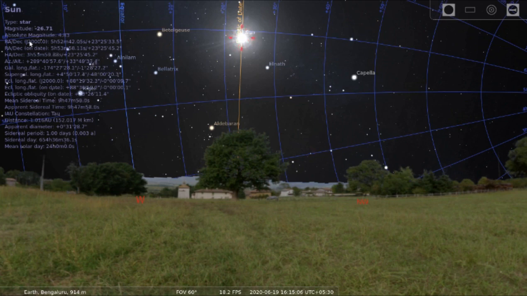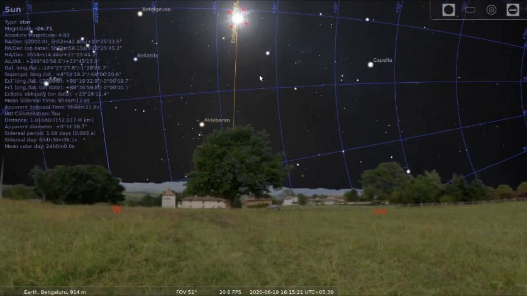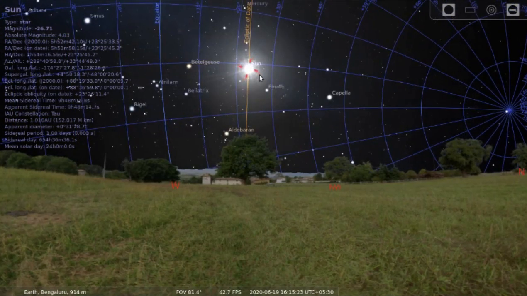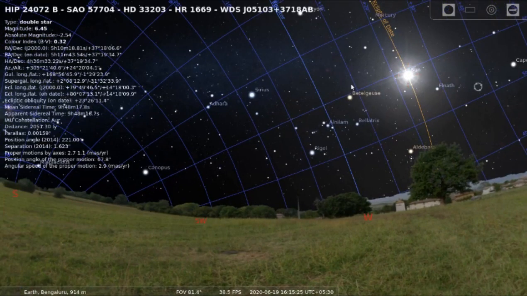Another important aspect is the absolute magnitude. You can see that the absolute magnitude of the sun is 4.83 or 89, whereas the absolute magnitude of the pole star, let's look at the pole star once again.